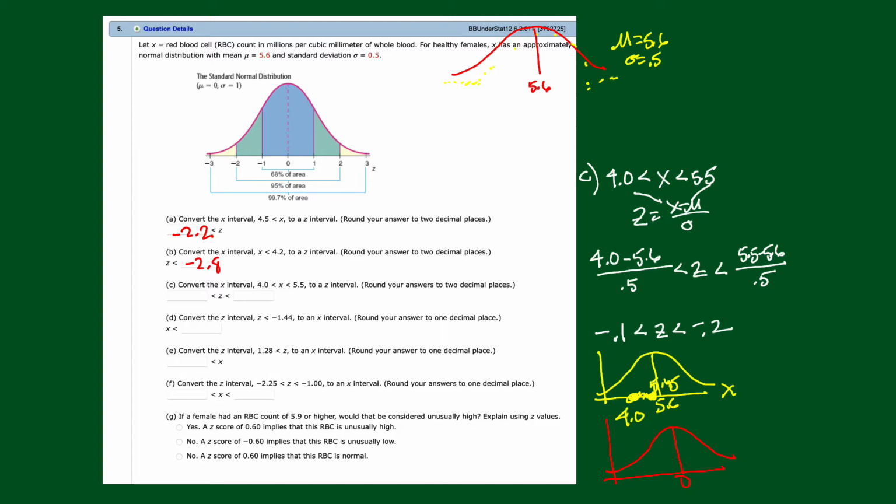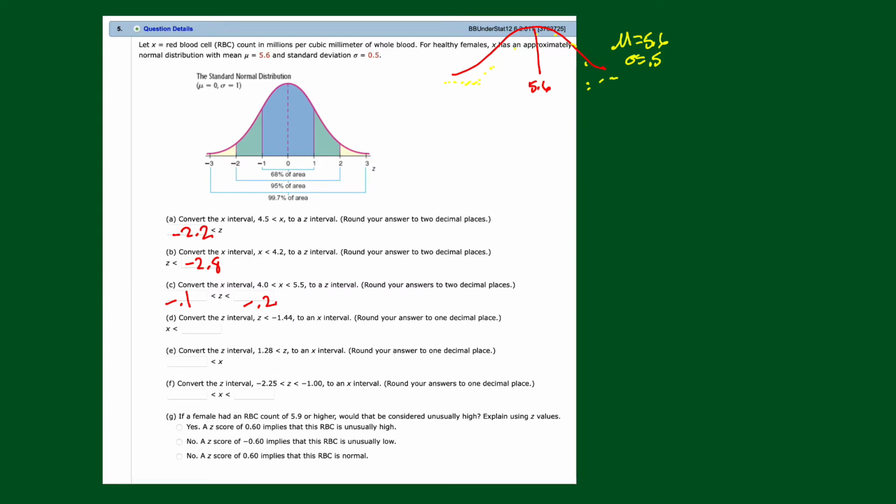The high point is 0, and we are going from negative 0.1 to negative 0.2. This is not to scale. We get a slightly different shaped curve, but this area is exactly the same as that area. These two are equal. So we better report this: it's negative 0.1 to negative 0.2.